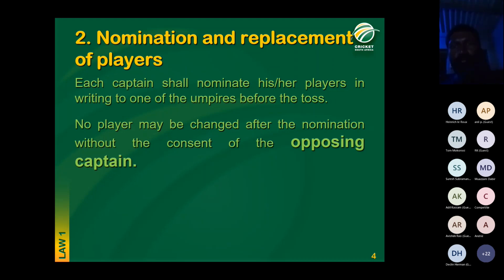It's not up to the umpires. It's for the opposing captain alone to decide whether he or she will allow you to change the name on the nomination sheet after the toss has taken place, or not to allow you to change any of the nominated players.